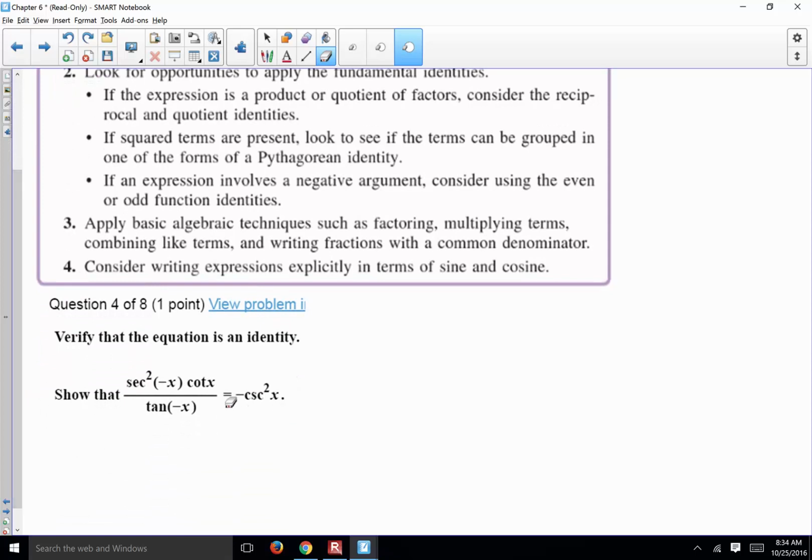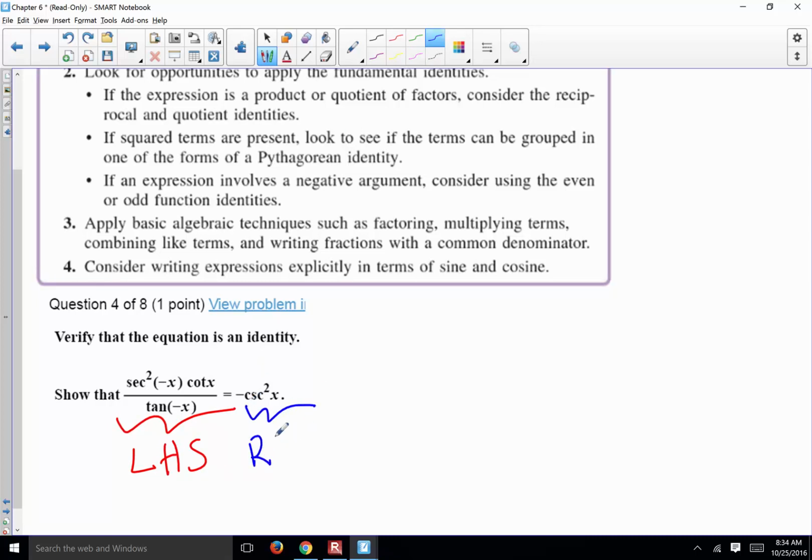This time we are not just simplifying. Look, it's a show-that type of question. Prove that. Demonstrate that. You have something on the left hand side, called LHS, and something on the right hand side, RHS.